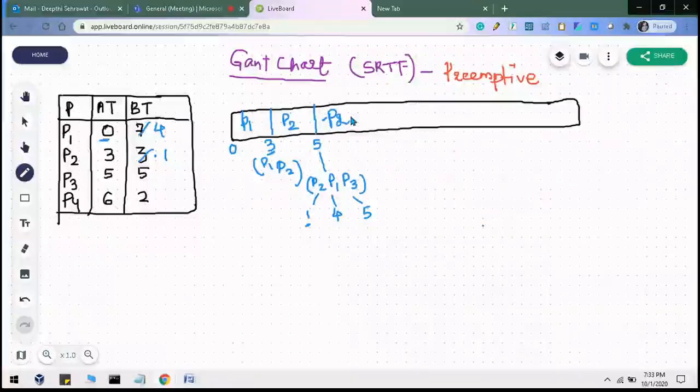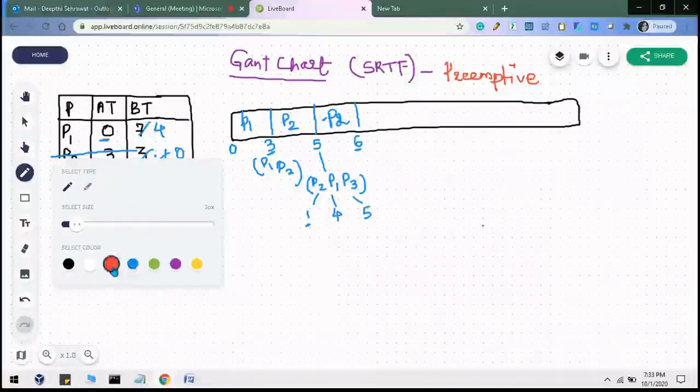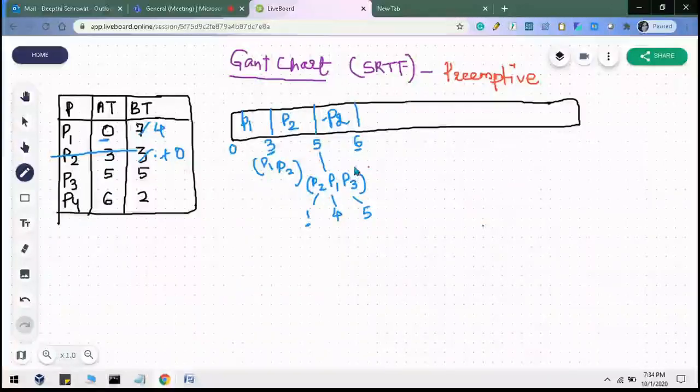So P2's remaining time becomes 0, because it is completed now. 5 plus 1 is 6. So this process is no more there in the memory because it has completed its execution. Now at the 6th millisecond, what is there in the memory? At this time, P4 has also arrived.